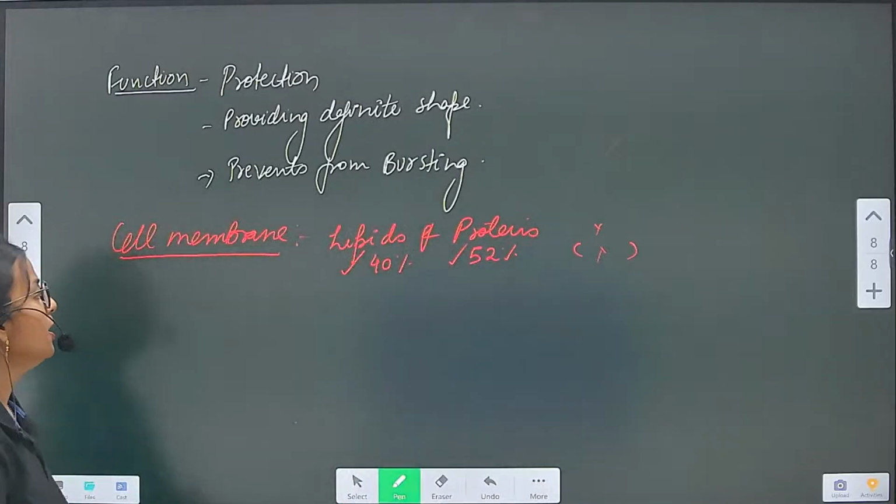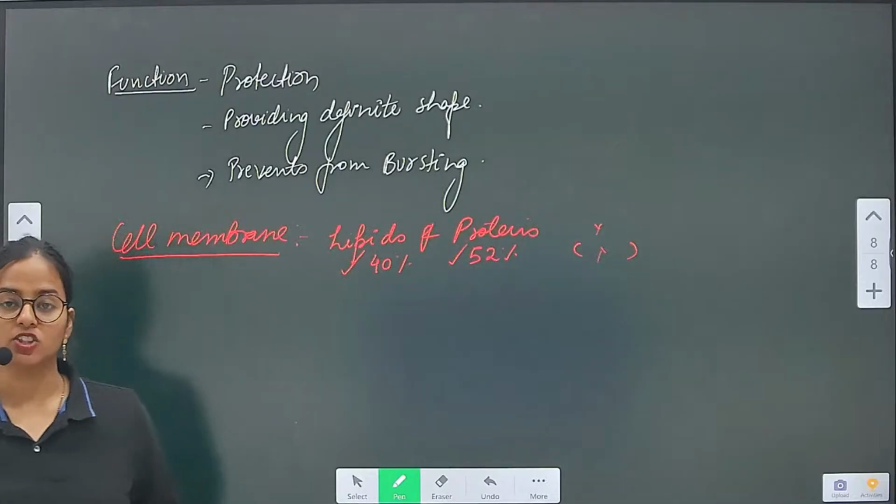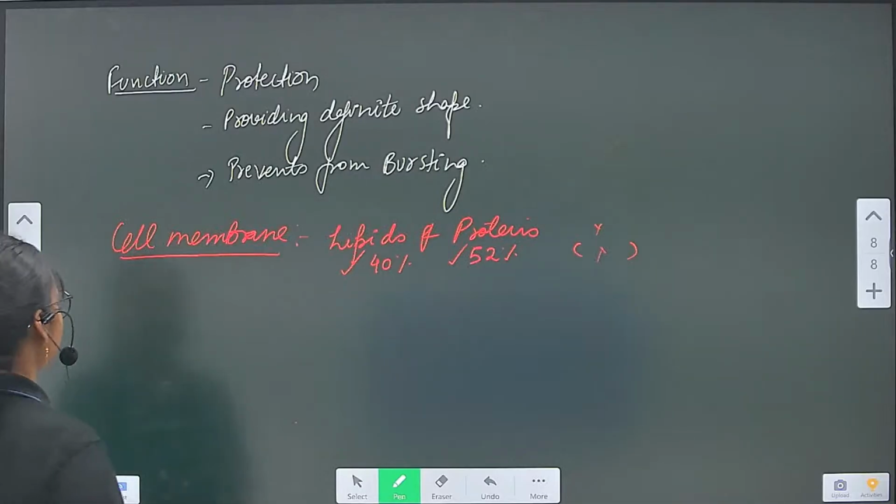Okay, but before that, who discovered the structure of cell membrane? It was given by Singer and Nicholson after the advancement of the electron microscope, in 1972.